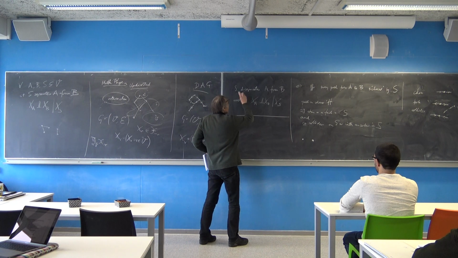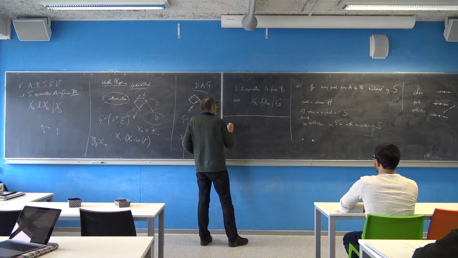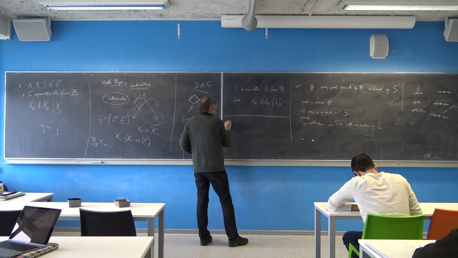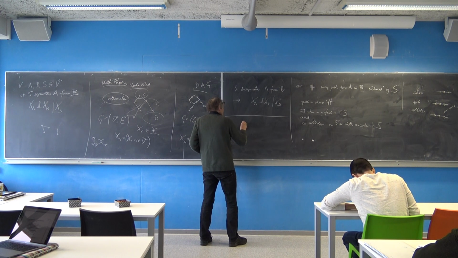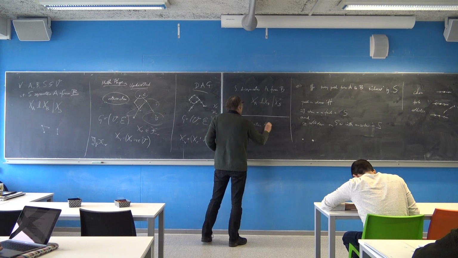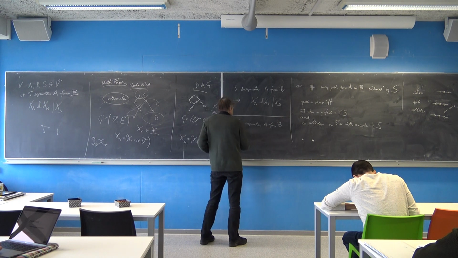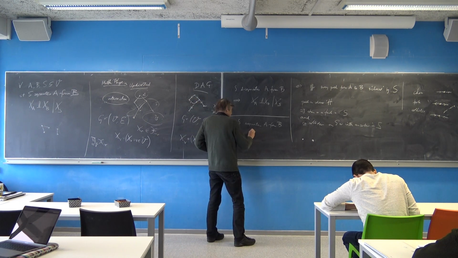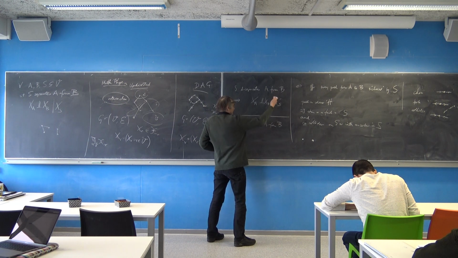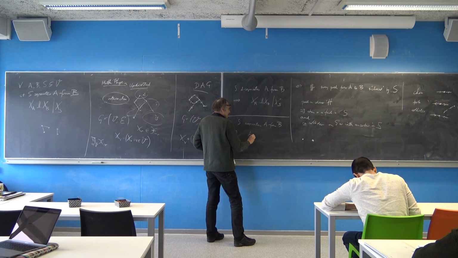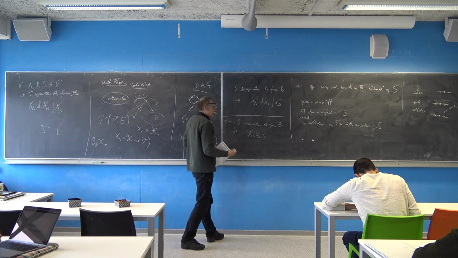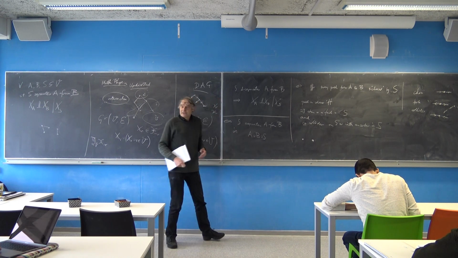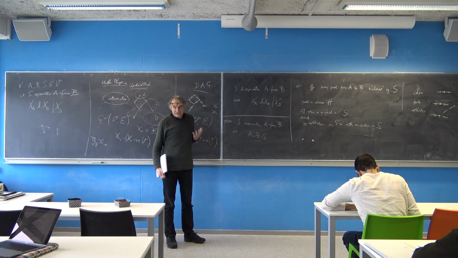S separates A from B if and only if S separates A from B in a particular manipulated subgraph. Namely, we're talking about A and B and S, so we restrict the graph to the union of A, B and S. So we look at these vertices and the edges between those vertices only.